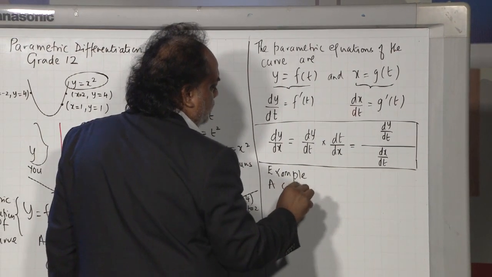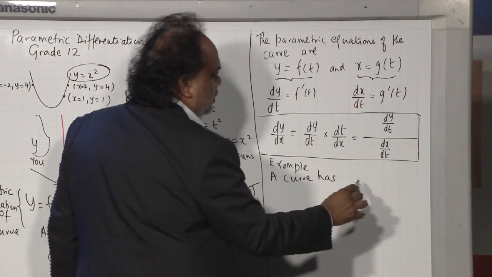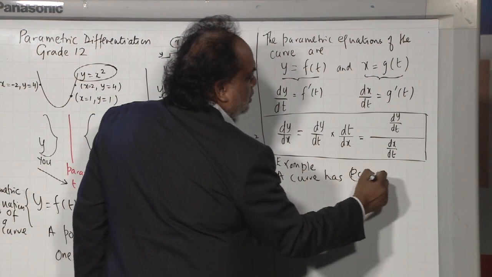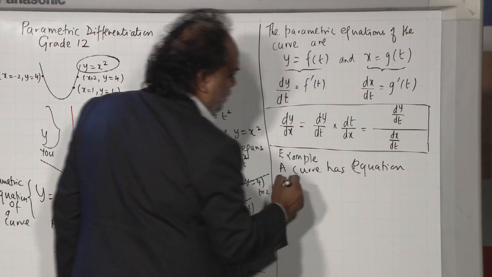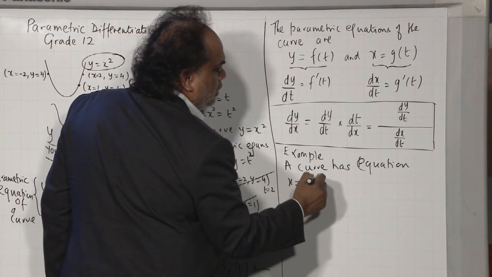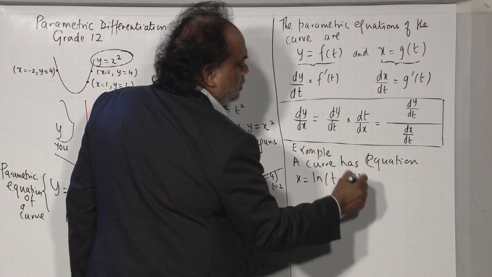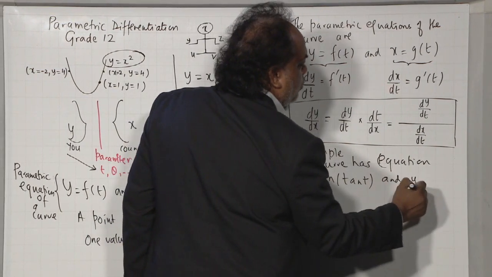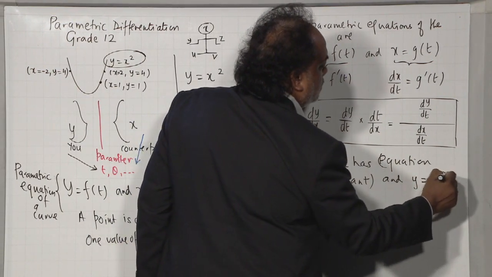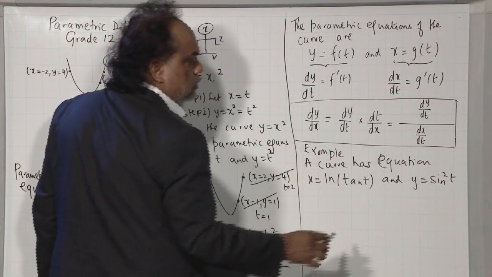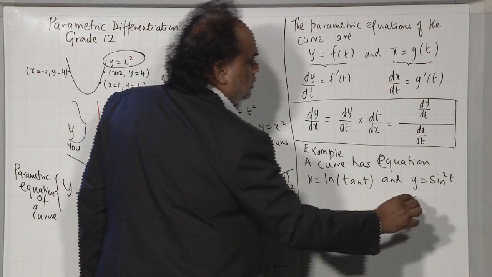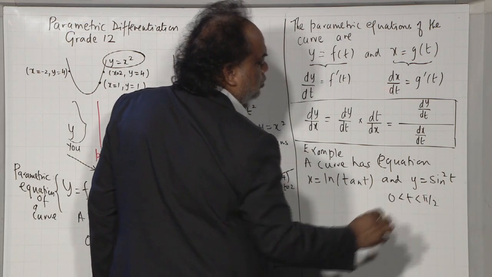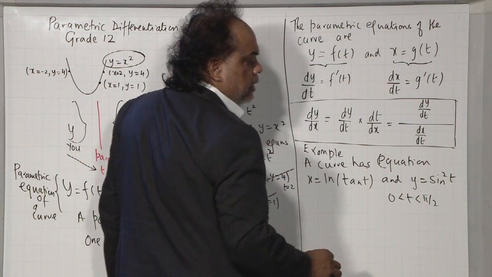A curve has equation x equal to ln tan t and y is equal to sine squared t, where t is restricted to take values between 0 and pi by 2.